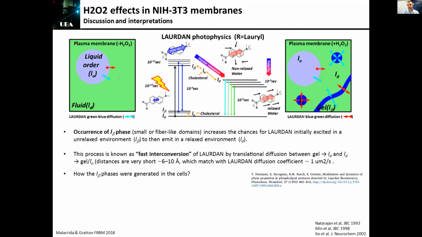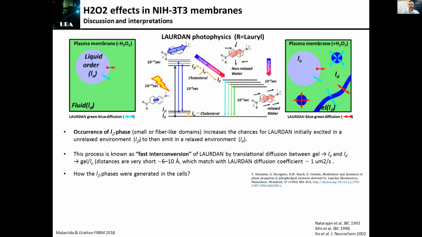It will not change. You will have on average no change from one system to another. Remember that the diffusion of Laurdan is very fast, more or less 1 micrometer squared per second, and this allows you to travel that distance quickly.